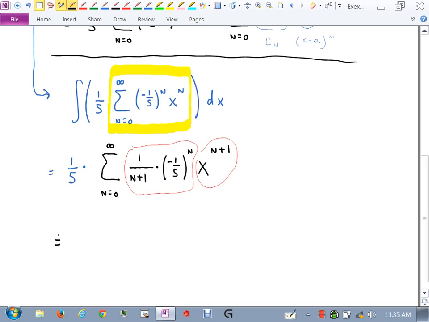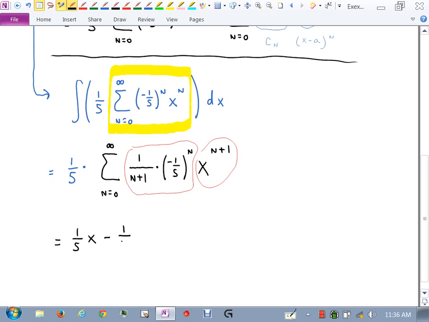So let n be 0. What'd you get if you plug in n is 0? 1/5 x, right? Now let n be 1. So this is going to become, let's see, we have 1/5, we have 1/2 here. We get negative 1/5, right? So what's 1/5 times negative 1/5 times 1/2? Negative 1/50th x squared.